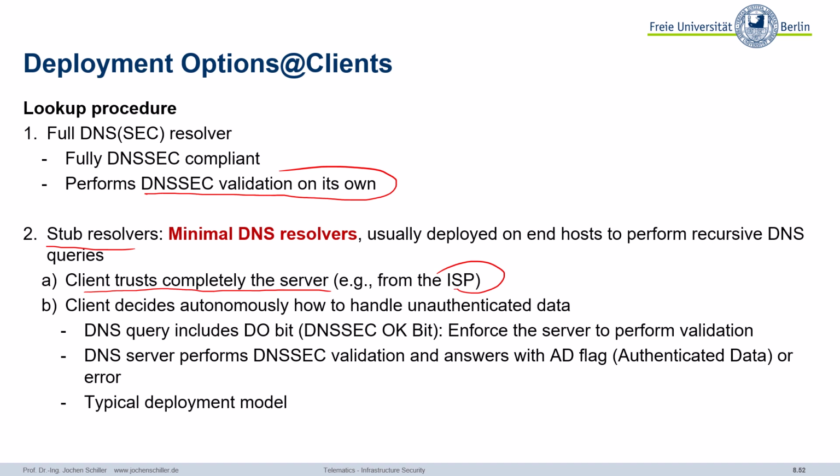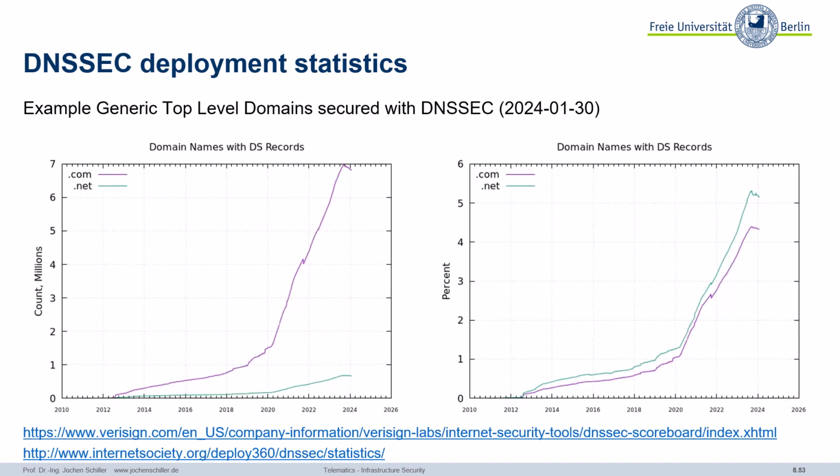What about the deployment statistics? Current statistics from the end of January 2024 show that we are up to, this looks nice, .com, for example, several millions, with a slight problem here. Also .net goes up, looks good, really?